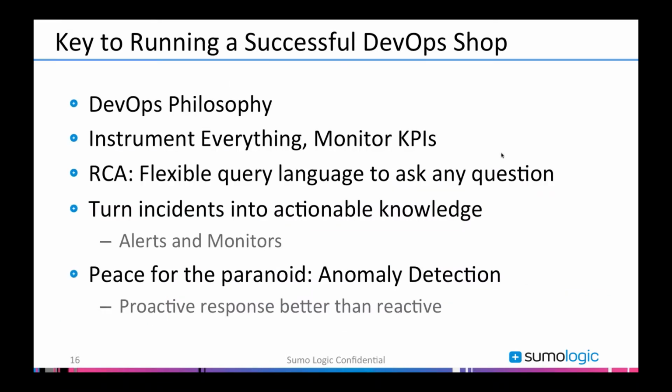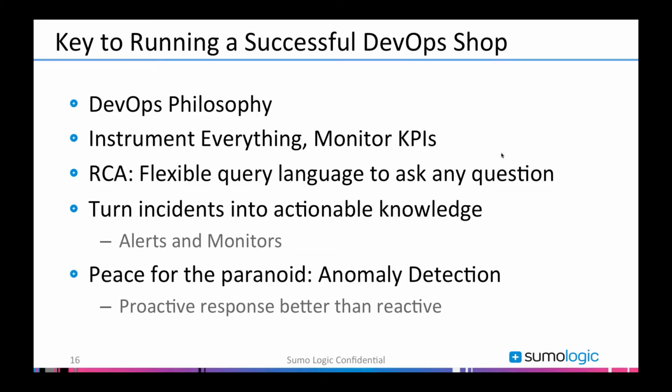And so our philosophy is very simple. We want to instrument everything, every application, every cluster, every assembly, and we monitor key performance indicators from a customer perspective. So when you walk into Sumo Logic development engineering teams, there are a couple of TVs that show the key KPIs, the key performance indicators, and they can go green or red.